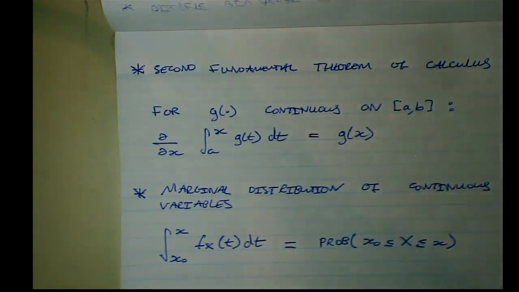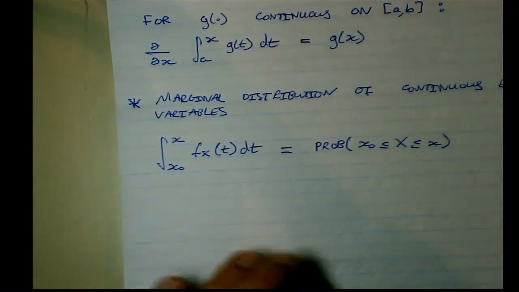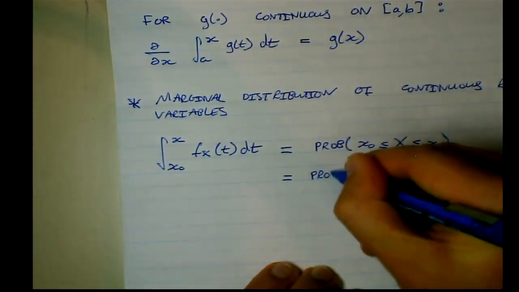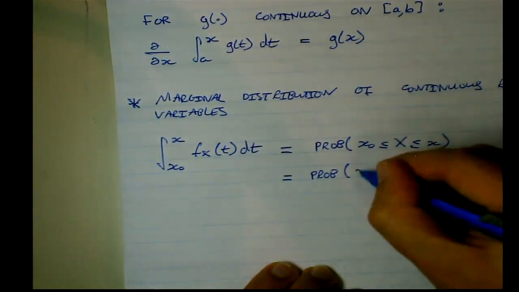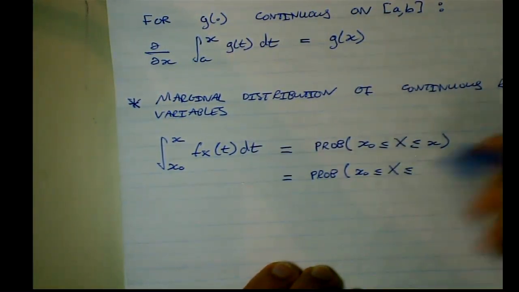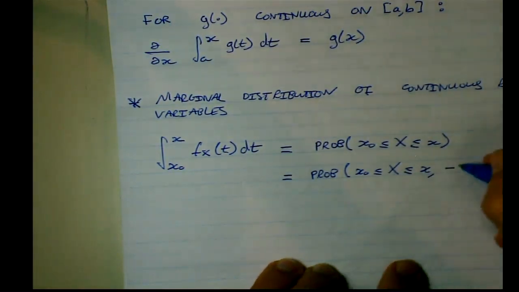Okay. So what is that? Well, that is the probability that X lies between x0 and little x, and Y lies between minus infinity and infinity.